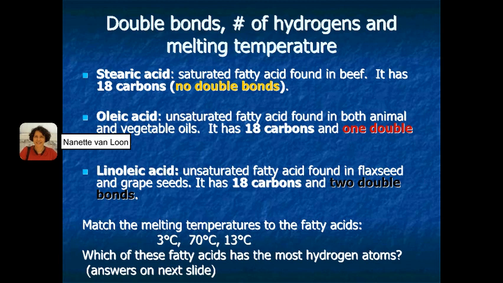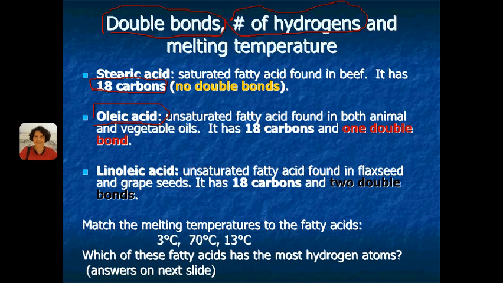In this slide, we're trying to make a connection between the number of double bonds in a fatty acid, the number of hydrogen atoms that it has, and its melting temperature. So we're comparing three fatty acids that all have the same number of carbon atoms: stearic acid, oleic acid, and linoleic acid.